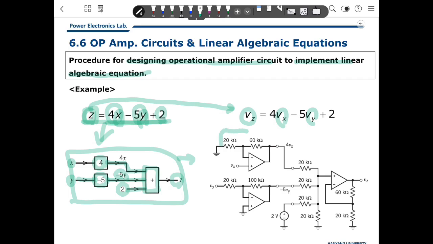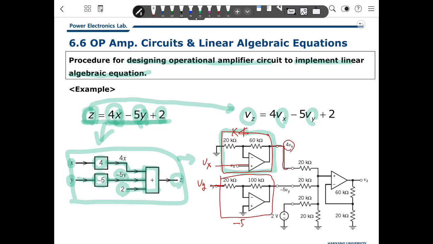Based on here, these are input values: this is Vx, and this block is 4, and this is Vy, and this block is minus 5.